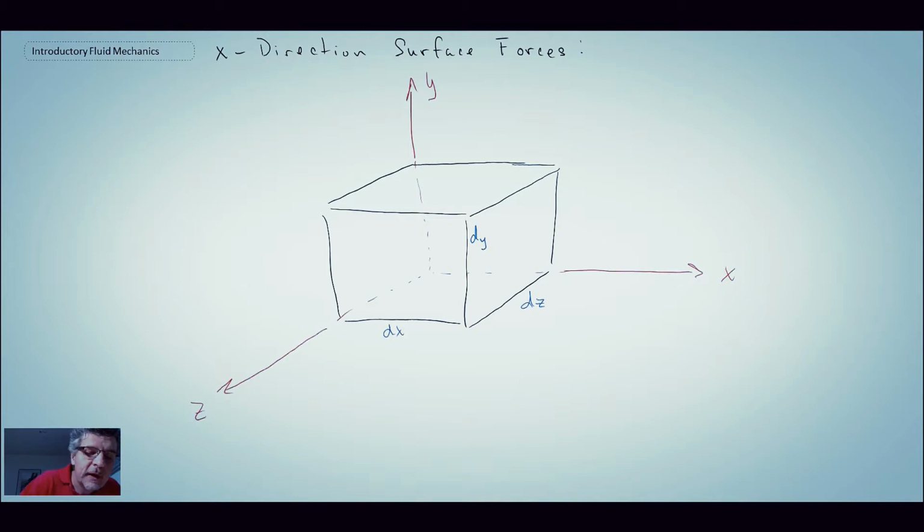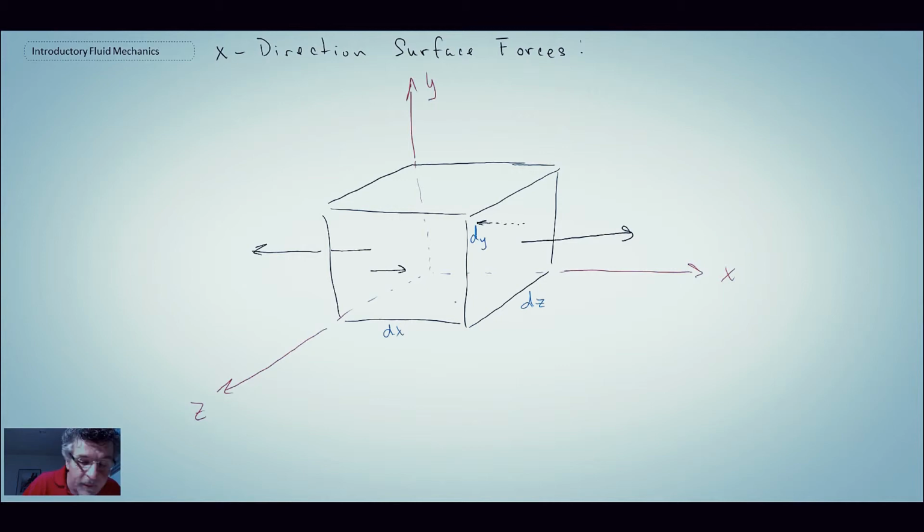Now, if we're looking at the forces that are acting in the x direction, we're going to have a force here. And I'll put a normal force on the back going in that direction. And on the front surface here, on the z surface, we'll have a force. And then on the back z surface, we'll have a force that way.